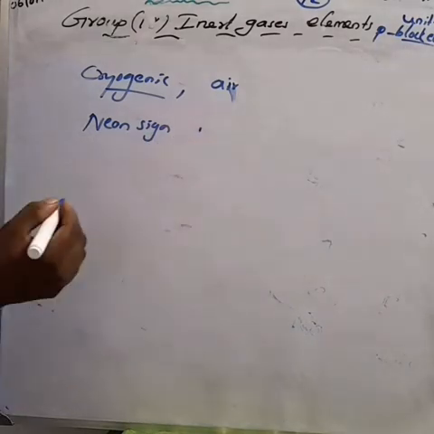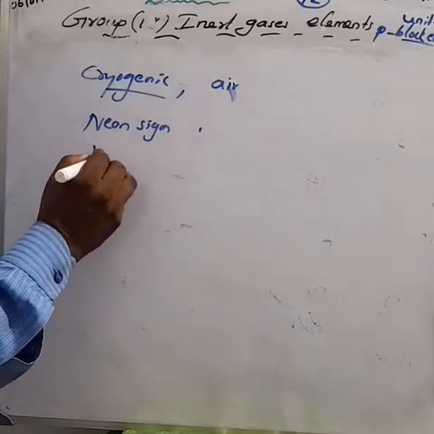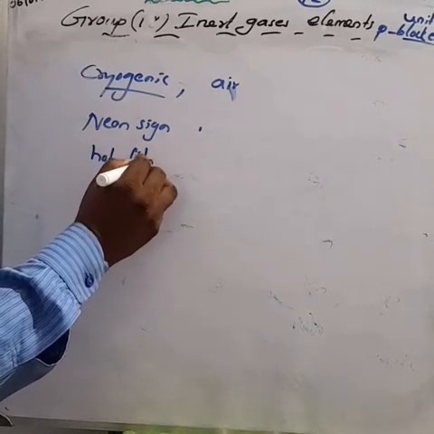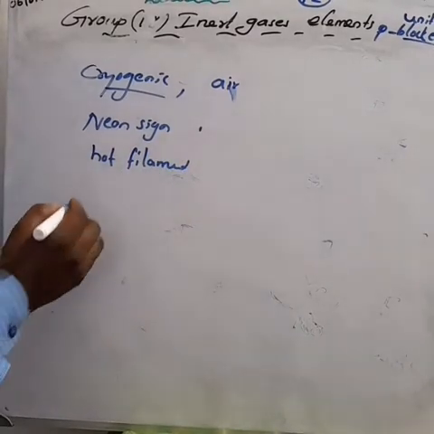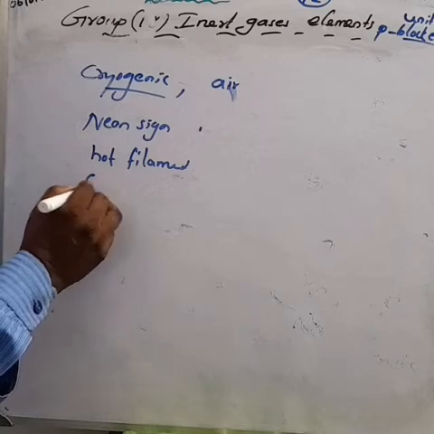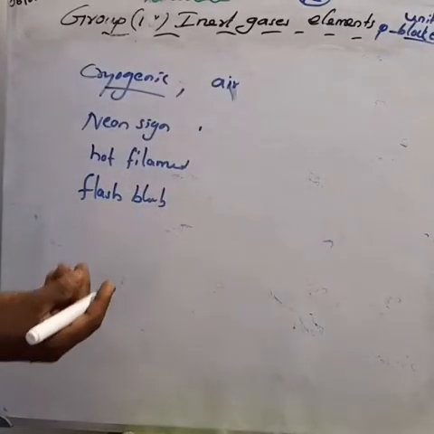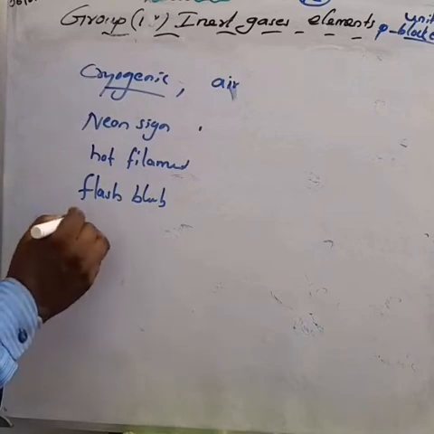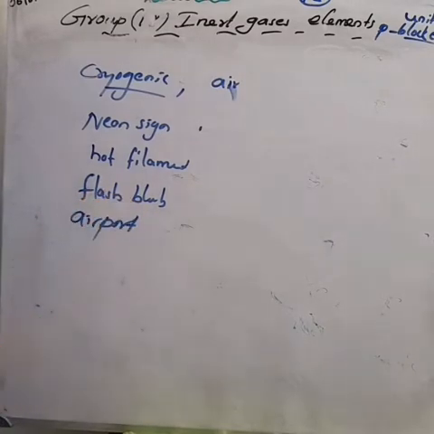What about argon? Argon is used in the hot filament, also to extend the life of filament bulbs. Krypton is used in fluorescent bulbs and flash bulbs, etc. A lamp filled with krypton is used in airports as an approaching light, which can penetrate through dense fog.